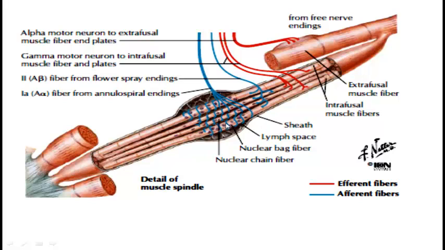So the presence of central dilatation determines whether it is a nuclear bag or nuclear chain fiber. This fiber in red is the gamma motor neuron to the peripheral contractile part of the intrafusal muscle fiber, while this blue fiber is the sensory afferent, which transmits the information of stretch from the intrafusal muscle fiber to the central nervous system.